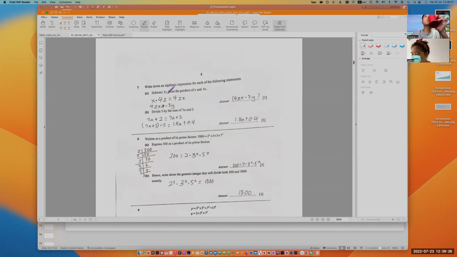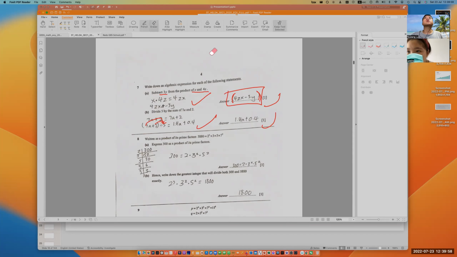Next, subtract 3y from the product. Okay, then divide by the sum. Open the bracket. Very good. Why do you need a bracket here? Explain. Is there a minus?